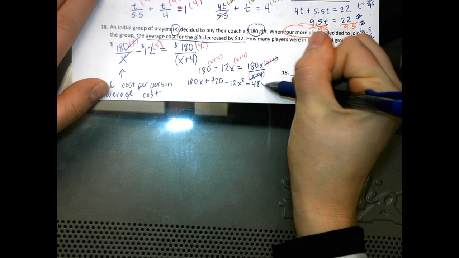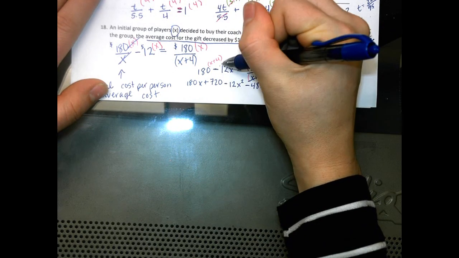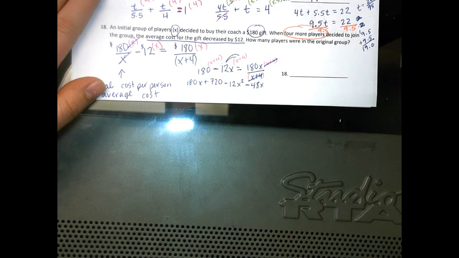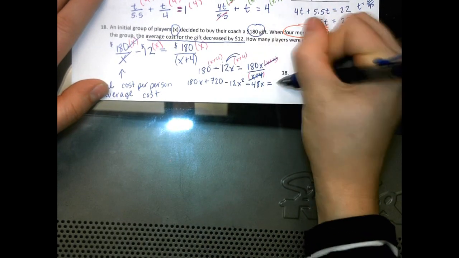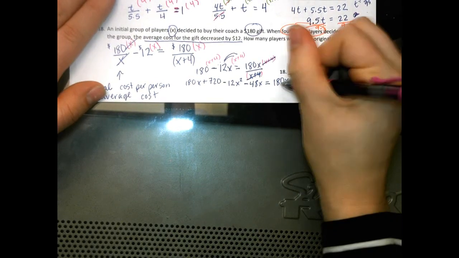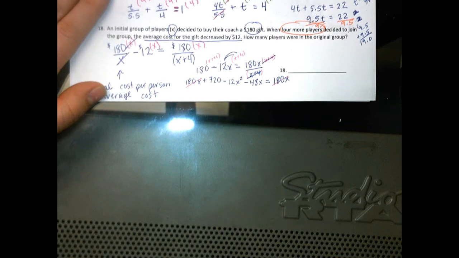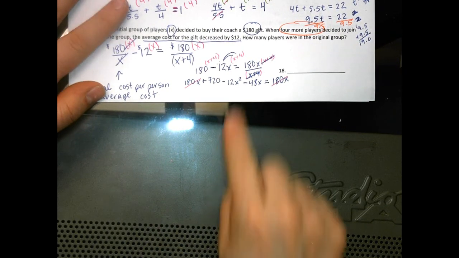Make sure you know that this is a negative 12, so we're going to distribute and get negative 12x squared and negative 48x. And on the right we have 180x. What do you notice is on each side? So we can subtract that from each side, and write this in standard form.